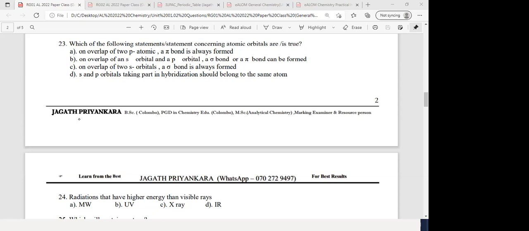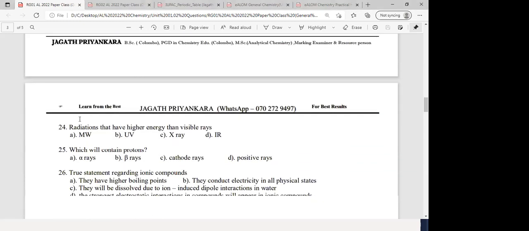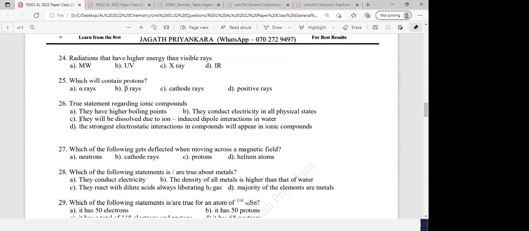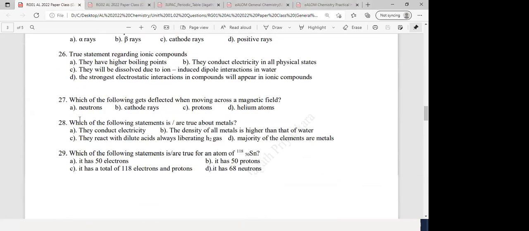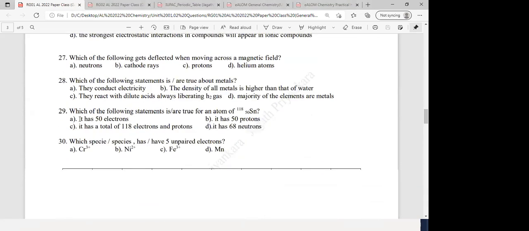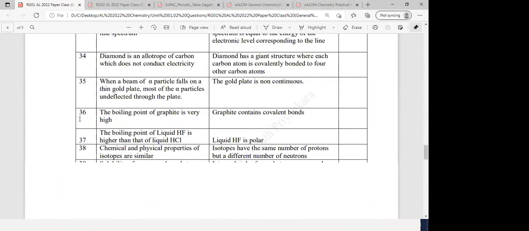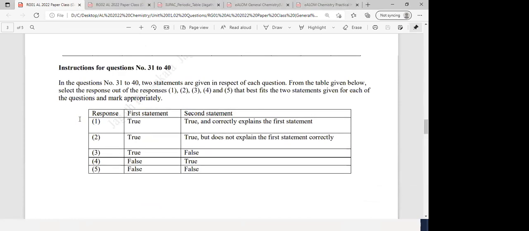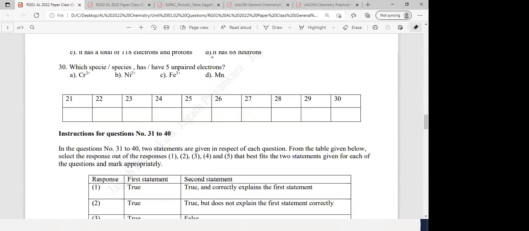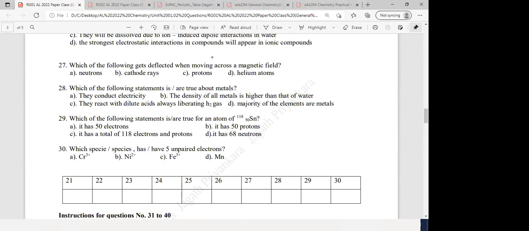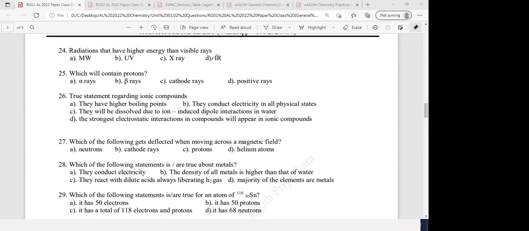Question 24: radiations that have higher energy than visible rays. I think you had done the electromagnetic spectrum in Chapter 1. Which one has higher energy than visible rays, after visible light?